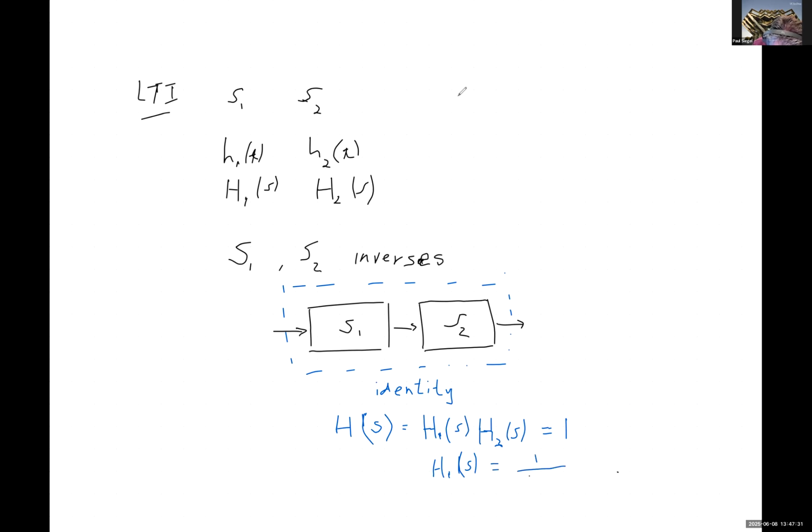So yes, in this case, 1 over H2 of s, or 1 over H1 of s, is the transfer function of the inverse system. So the answer to the question is yes, that makes sense. Thank you. Okay, that makes sense. Good question.